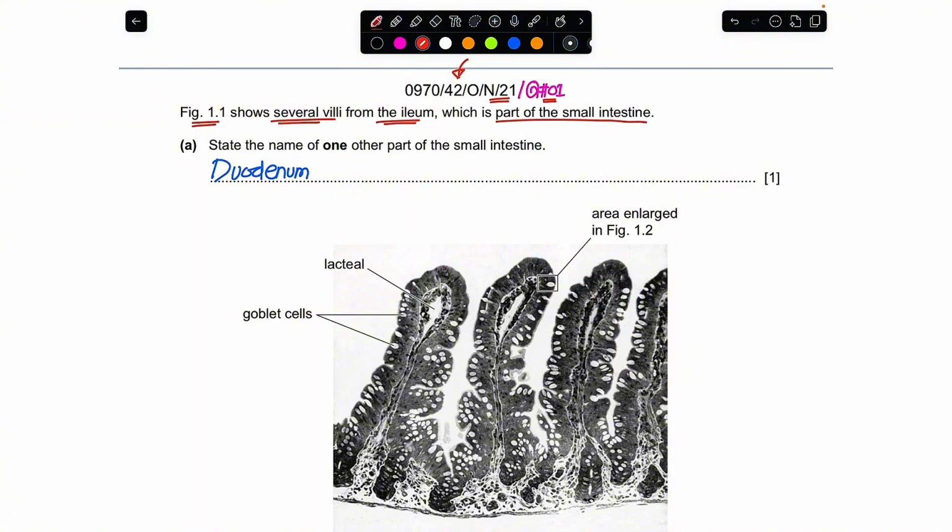The small intestine has duodenum, jejunum, and ileum, and here they are talking about the ileum. For 1 mark, they are asking us to state the name of one other part of the small intestine, like the ileum they have given. Apart from that, we have the duodenum and the jejunum. So whatever comes to your mind, you may write it down.